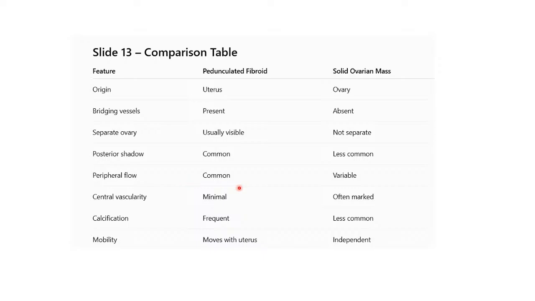Peripheral flow is common in a pedunculated fibroid, yet is variable in a solid mass. Central vascularity is minimum in a pedunculated fibroid, whereas often marked in an ovarian mass. Calcification is frequent in a pedunculated fibroid, whereas less common in ovarian mass. Mobility moves with the uterus in the pedunculated fibroid, whereas the solid ovarian mass is independent of the motion of the uterus.